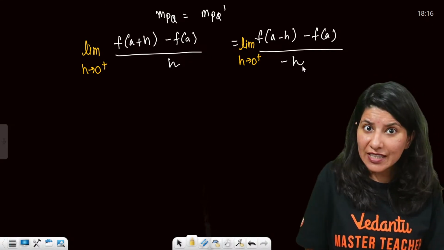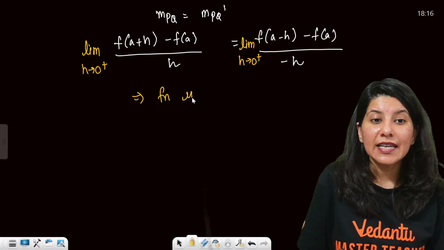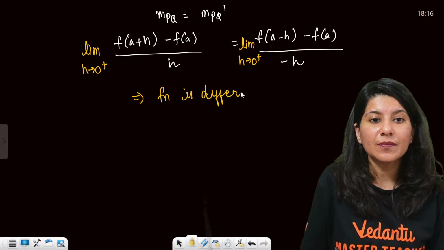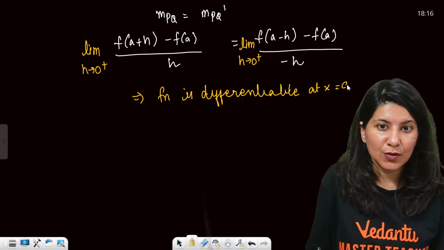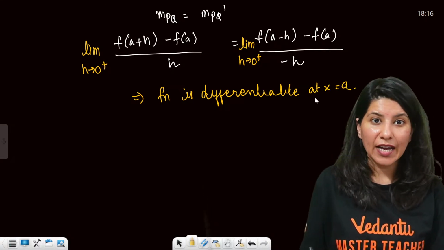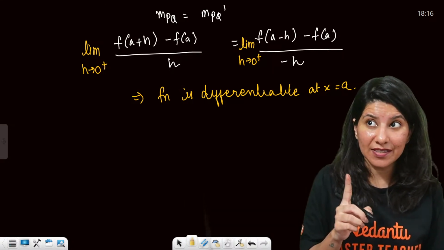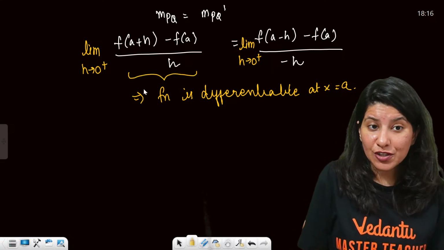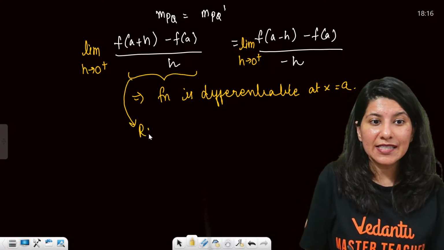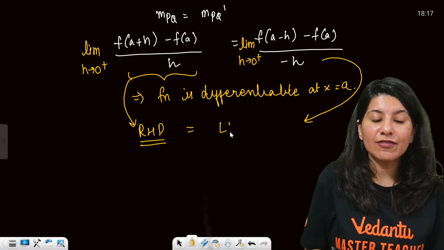So if these two are equal, then we can say that my function is differentiable at x equals to A. And also let me tell you that just like the limits chapter, left hand limit, right hand limit, in differentiability we call this expression the right hand derivative and this expression the left hand derivative.